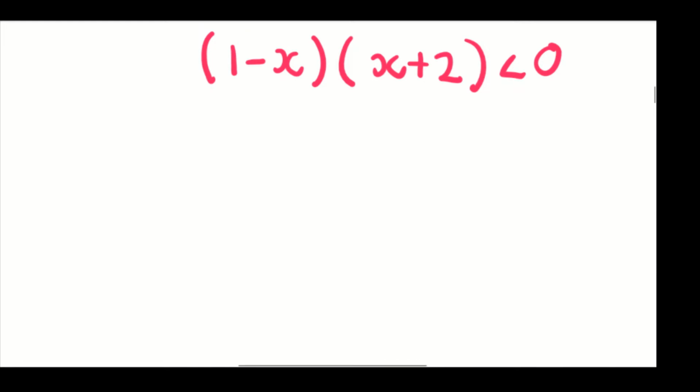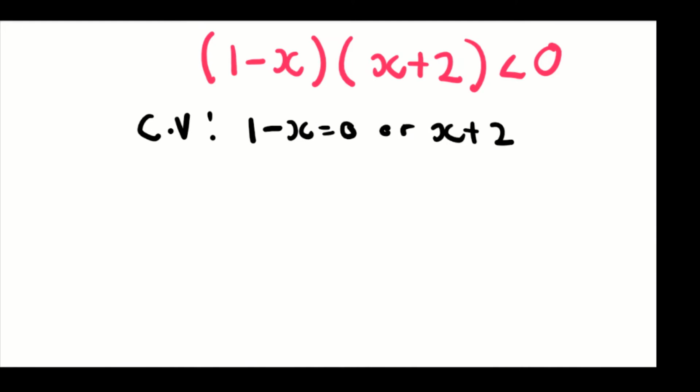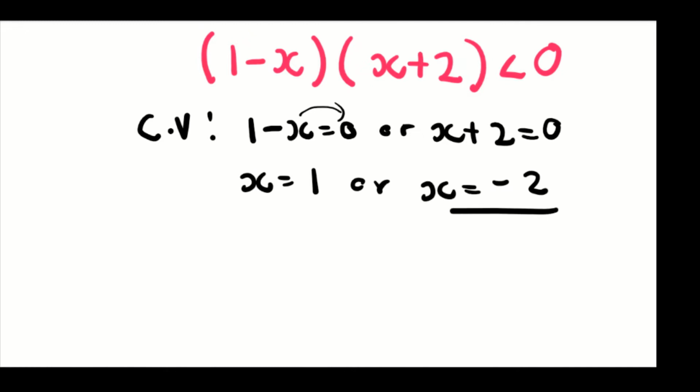The first step is to find our critical values, where 1 minus x equals 0, or x plus 2 equals 0. We transpose x to the other side, and we'll have x equals 1, or x equals minus 2. So these are our critical values.